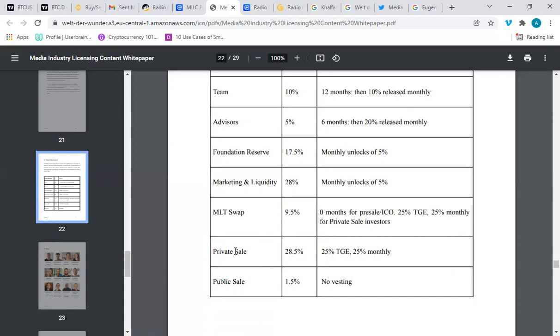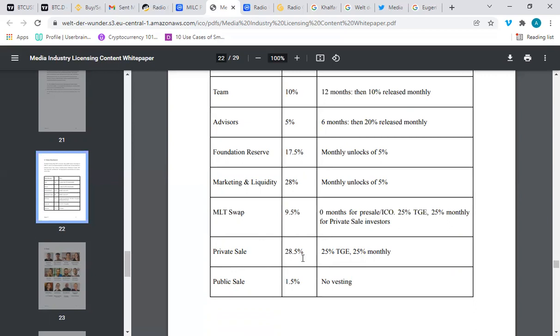In private sale, the person can just say, I want to buy 5% of the whole token supply. So private sale is actually good because most investors got the coin from private sale.